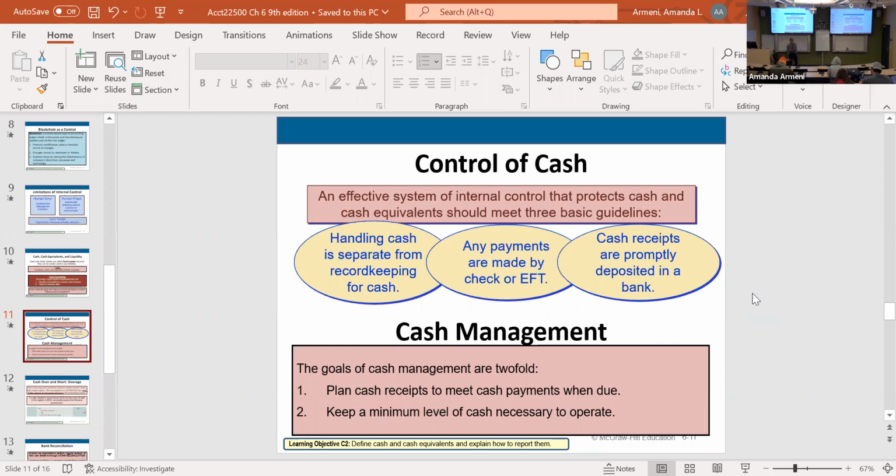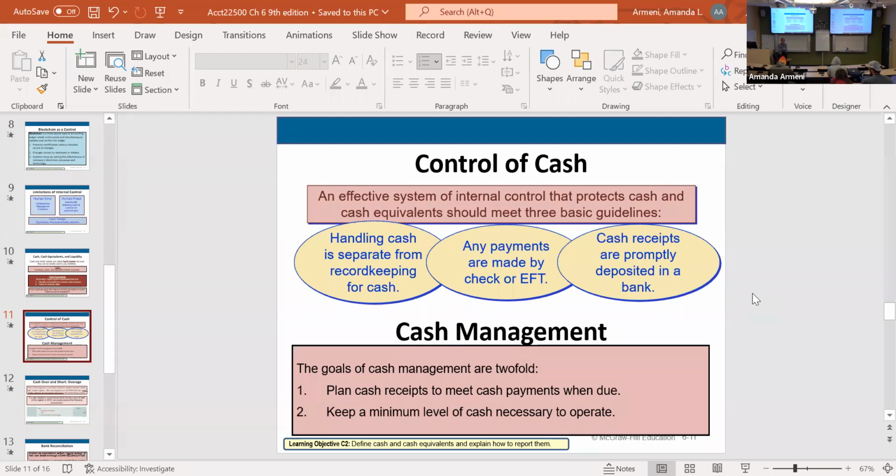So as cash receipts come in, if they are physical checks, we want to make sure that we get them deposited into the bank as quickly as possible, okay? So again, just thinking about how we can apply those internal control principles to our cash accounts is sort of the purpose of the beginning part of this slide.